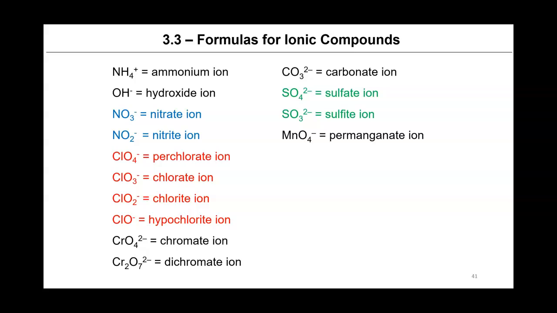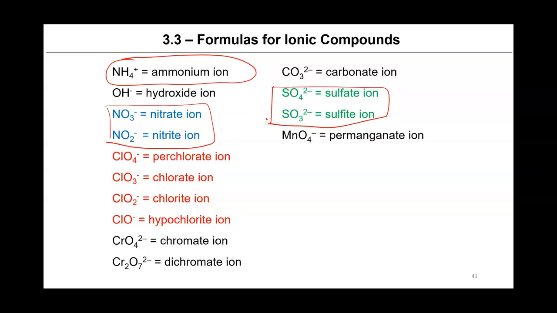So here's a long big table of formulas for polyatomic ions. We can see our common ammonium cation, and then the rest are anions, and in this case it looks like they are all oxygen containing polyatomic anions. We can see that nitrogen and sulfur form a family of oxoanions with 2 differing amounts of oxygen, and then as pointed out previously, we see chlorine forms a family of 4 oxoanions.